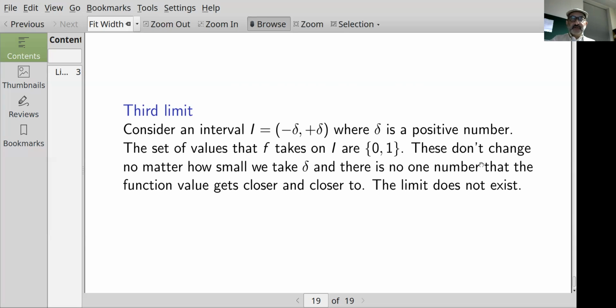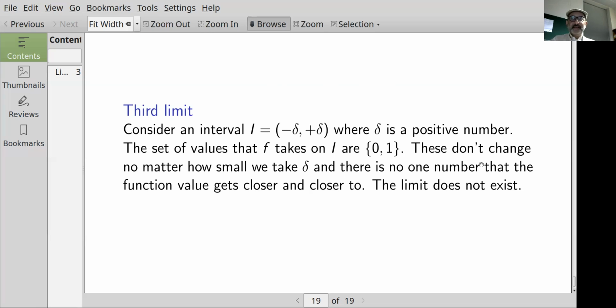No matter how small you shrink this interval, whenever you pick a point out of that interval, you will get 0, and you can take another point out of that interval and you can get 1. So as you keep shrinking the interval, and you're taking points which are closer and closer to x equal to 0, you're still getting function values 0 and 1 on the interval.